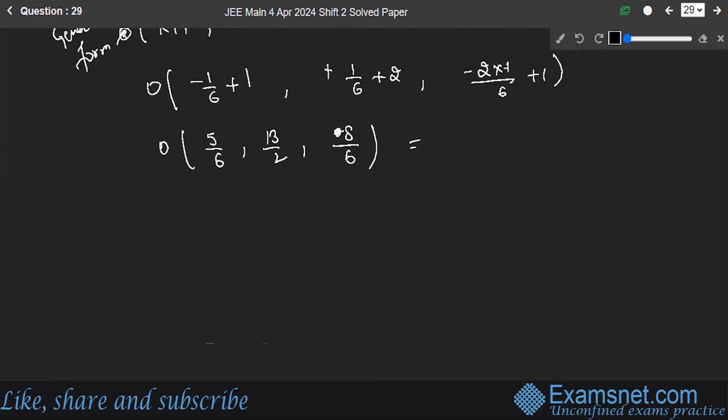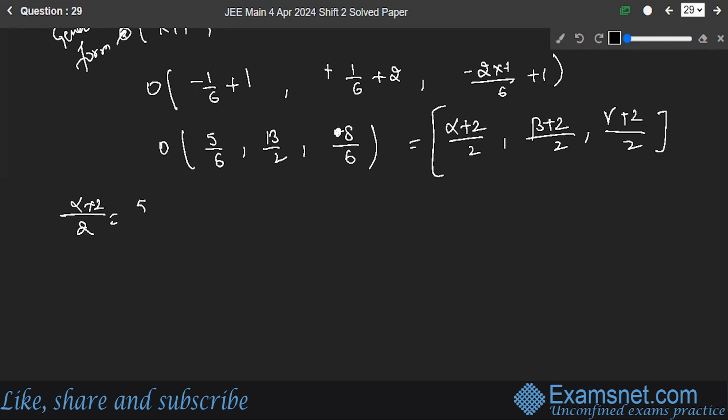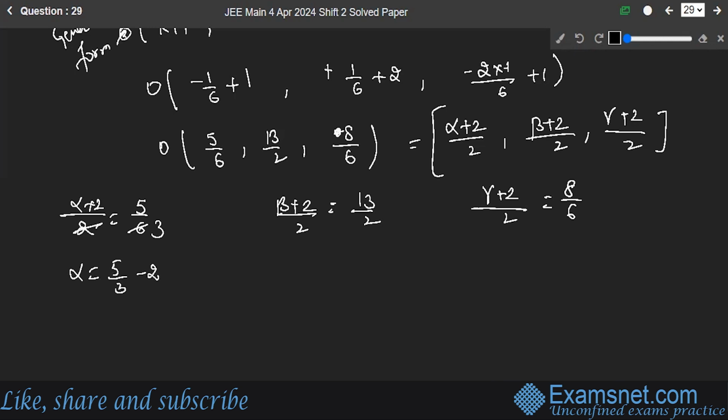So that means this is equivalent to alpha plus 2 upon 2, beta plus 2 upon 2, and gamma plus 2 upon 2. You have alpha plus 2 upon 2 is equal to 5 by 6, beta plus 2 upon 2 is equal to 13 by 6, and gamma plus 2 upon 2 is equal to 8 upon 6. So alpha is equal to 5 upon 3 minus 2, which is equal to minus 1 by 3.